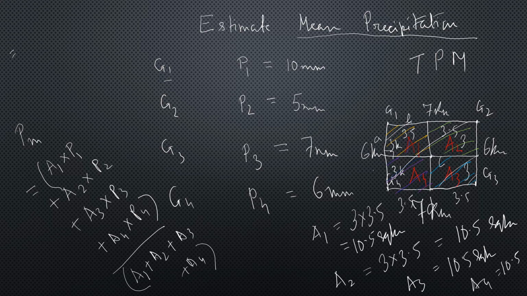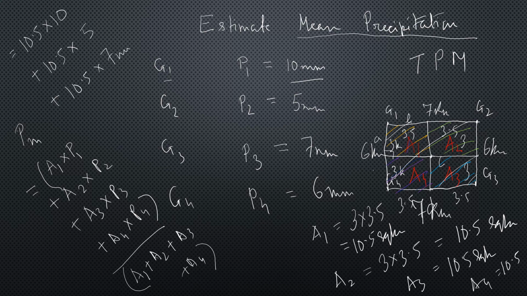So now what you will do, A1 is 10.5, multiply with P1. P1 is 10, plus 10.5, multiply with P2, 5. And again plus 10.5 into this one, 7 millimeter.